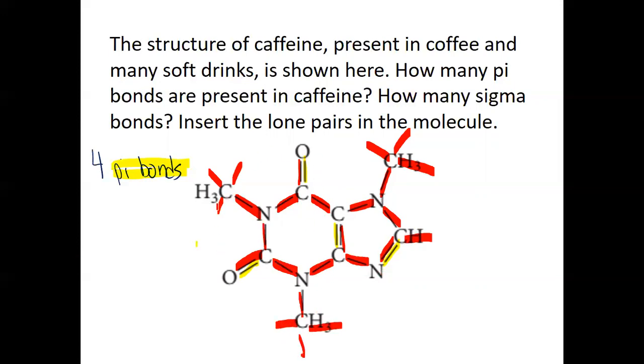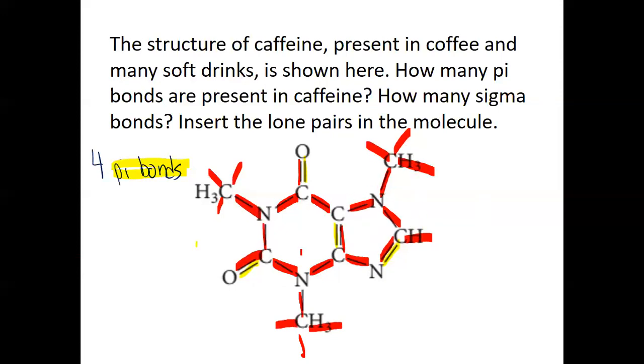So let's count these up because I kind of lost track of my counting. We have 3, 4, 5, 6, 7, 8, 9, 10, 11, 12, 13, 14, 15, 16, 17, 18, 19, 20, 21, 22, 23, 24.